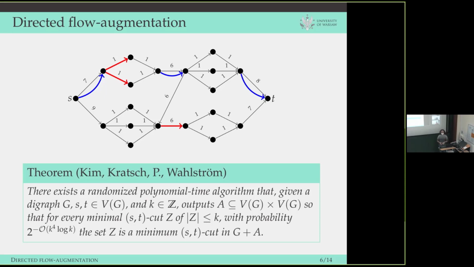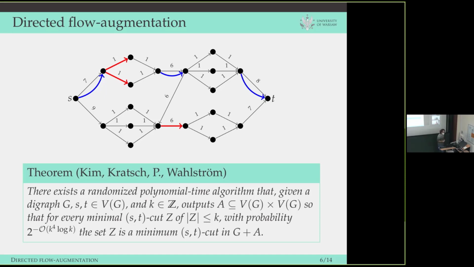We have an algorithm which is randomized polynomial time. You get your graph and you get your bound. The size of the solution you don't know, and the solution is the minimal cut. We work for slightly more, but that will be in a moment. You want to add edges to the graph, so you are adding some arcs.